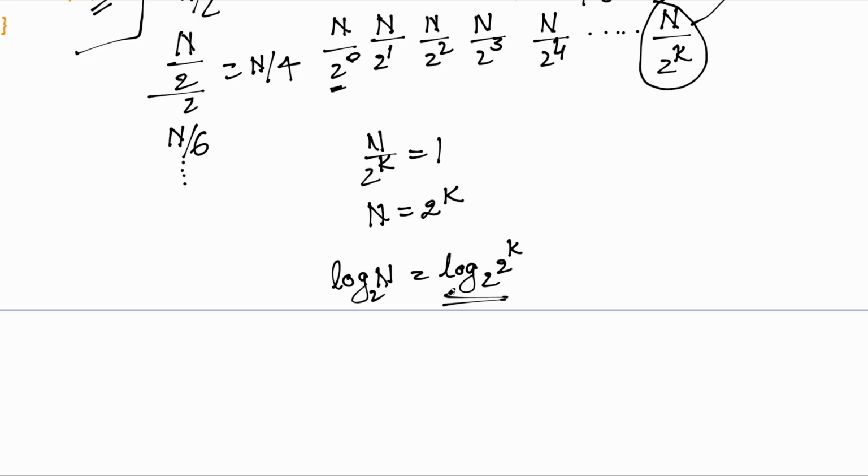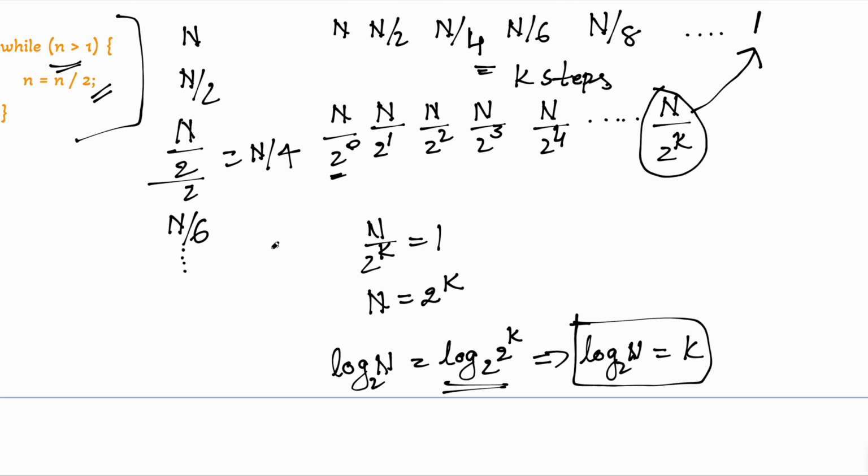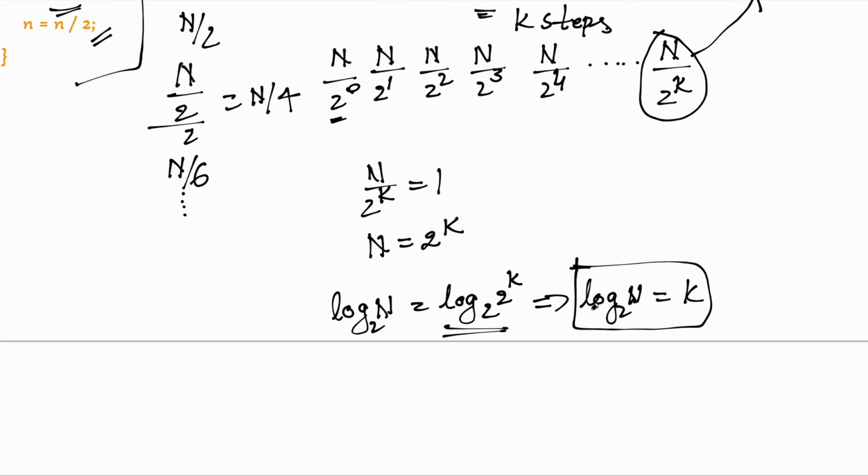From the logarithmic formula this becomes k, which is nothing but log n base 2 is equal to k. So how many steps we are running this loop is log n times.